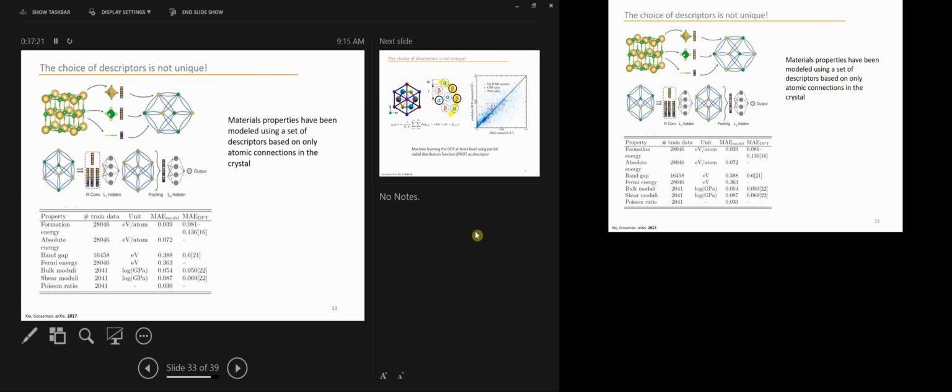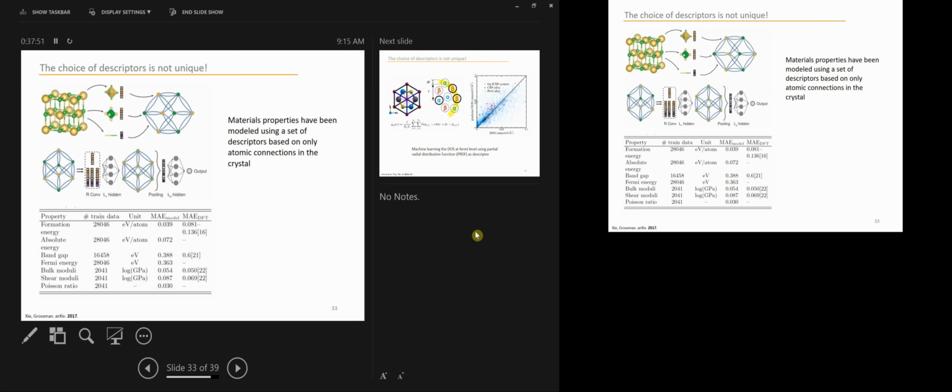For both of these case studies, I used simple compositional variables, but the truth is that the choice of variables, or feature set, is not unique at all. For example, researchers have used descriptors based only on atomic connections in the crystal. So they haven't used any compositional information at all. And they were able to successfully model and predict properties such as formation energies, band gap values, bulk modulus, and shear modulus.